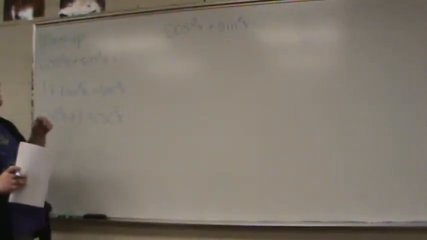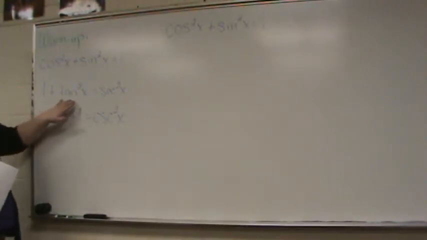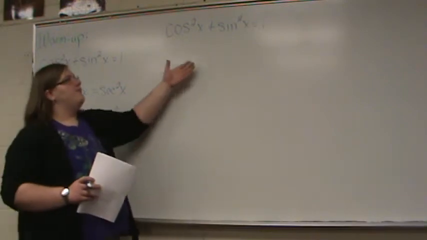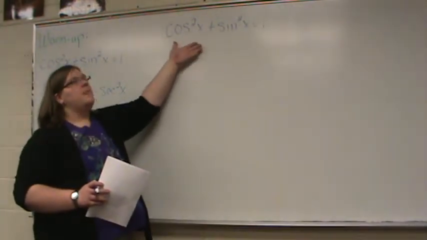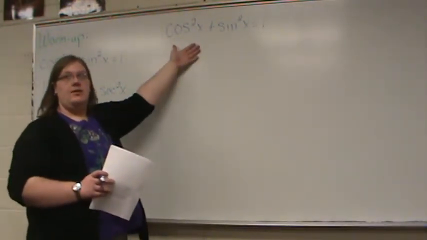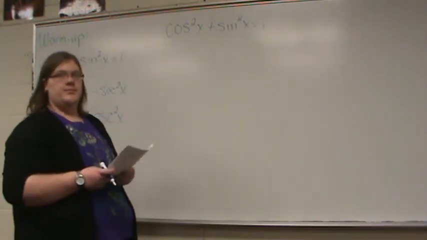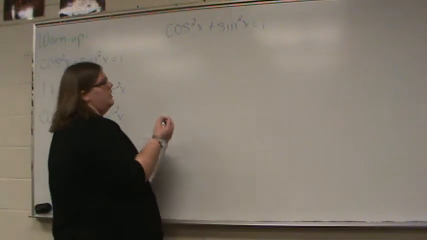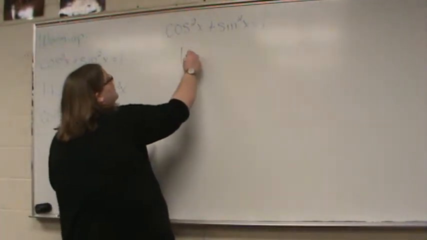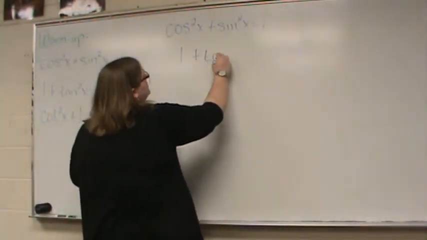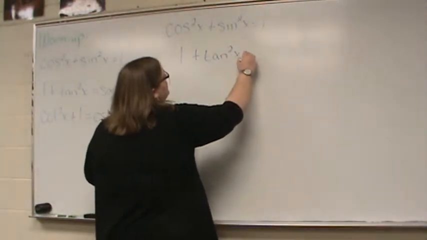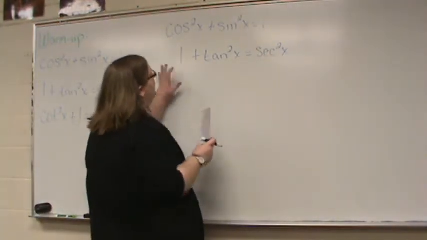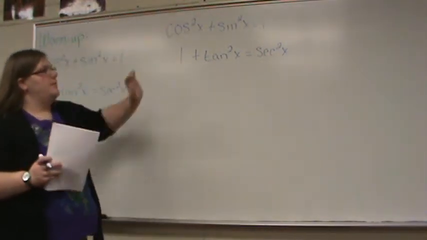So we want to get this 1 plus tangent squared x equals secant squared x from our first equation that we just solved.